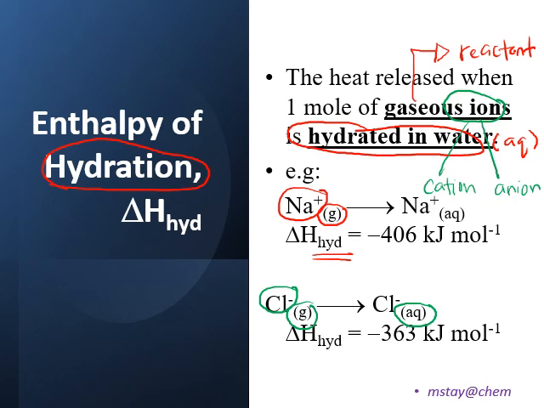So again and again, if you remember the definition, then you will be able to write the thermochemical equation. So spend the time to remember the formula before entering the tutorial, for tutorial 2.2, 2.3 and 2.4.